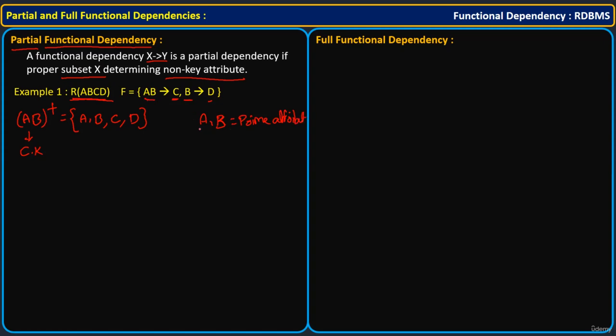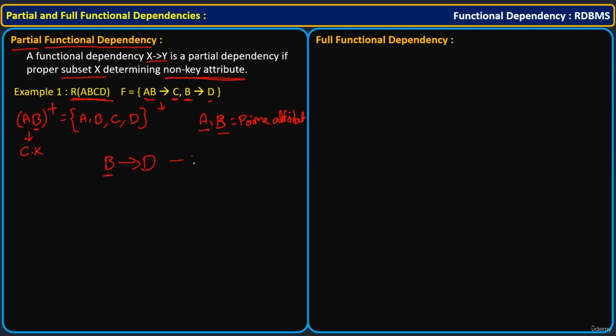Now, individually, if A is deriving some other attribute or B is deriving some other attributes, then that is partial functional dependency. So here you can see AB deriving C. This is not a partial functional dependency. But on the LHS of B deriving D, B is a prime attribute, that is part of the candidate key, deriving a non-key attribute, non-prime attribute.